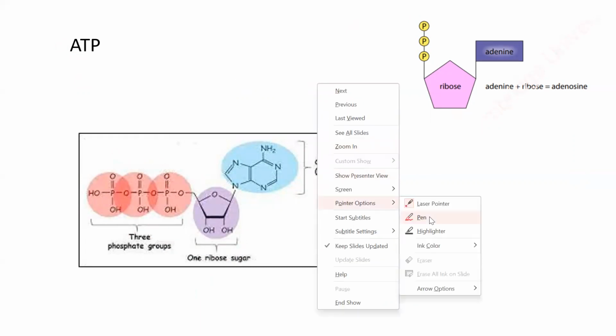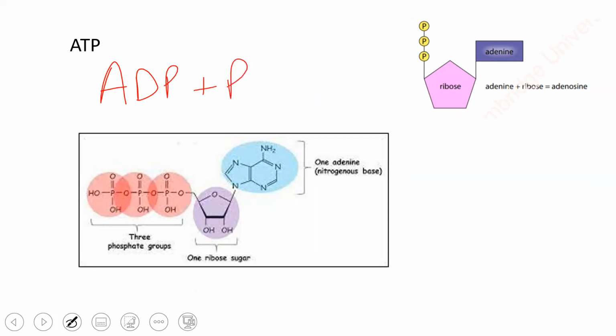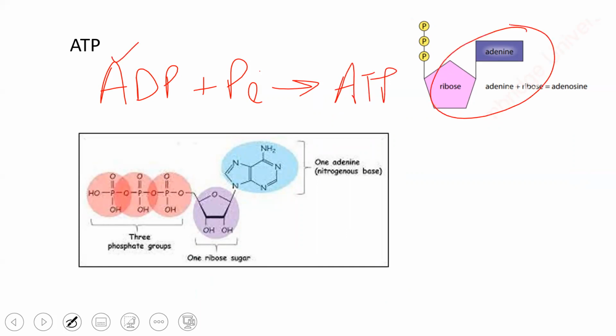The only thing that you need to know other than that is that sometimes he may say, okay, ADP plus Pi gives you energy or it gives you ATP. What he means is that you have an adenosine, this molecule, both of these, and then you have a diphosphate, you have two of these.